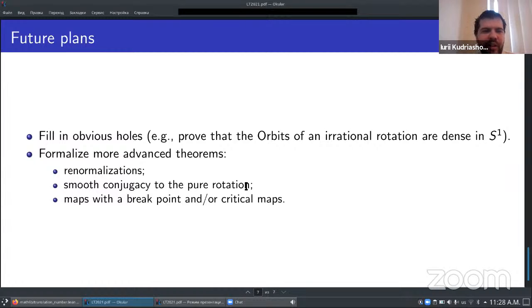And of course, this should also be used as an excuse to formalize various things about general dynamical systems. For example, one of my plans is to prove minimality of orbits of an irrational rotation by first formalizing the Poincaré recurrence theorem.